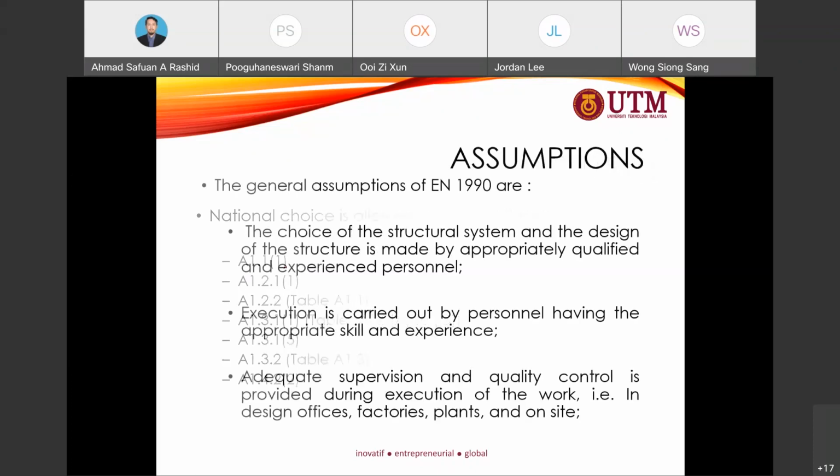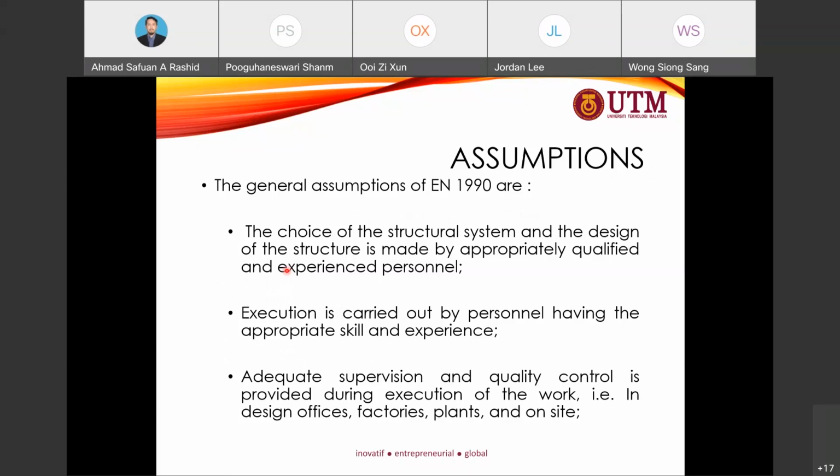Okay. So the general assumptions of EN 1990 are: the choice of the structural system and the design of the structure is made by appropriately qualified and experienced personnel. Execution is carried out by personnel having the appropriate skill and experience.